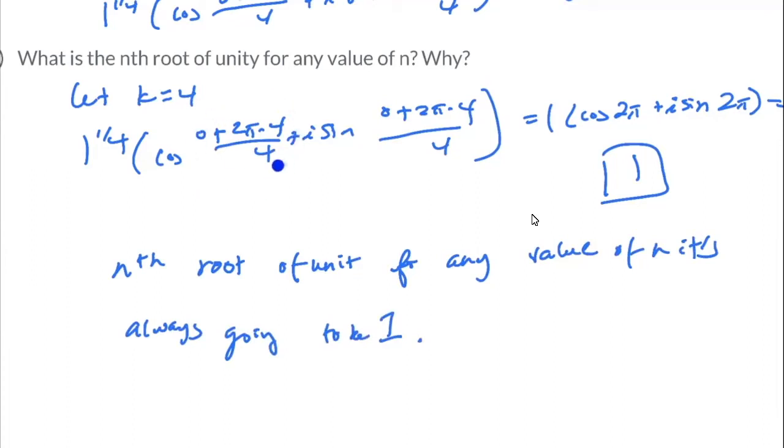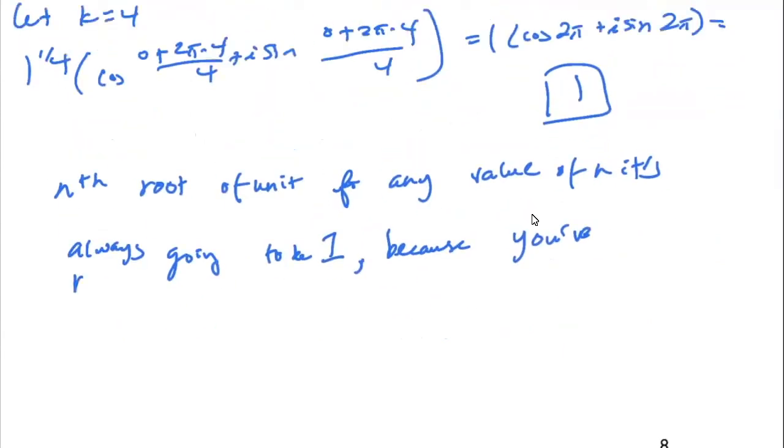This shows that once you get to the nth root, you end up doing a full revolution around your circle, because these values will cancel out. So you return to a coterminal point of k equals 0.